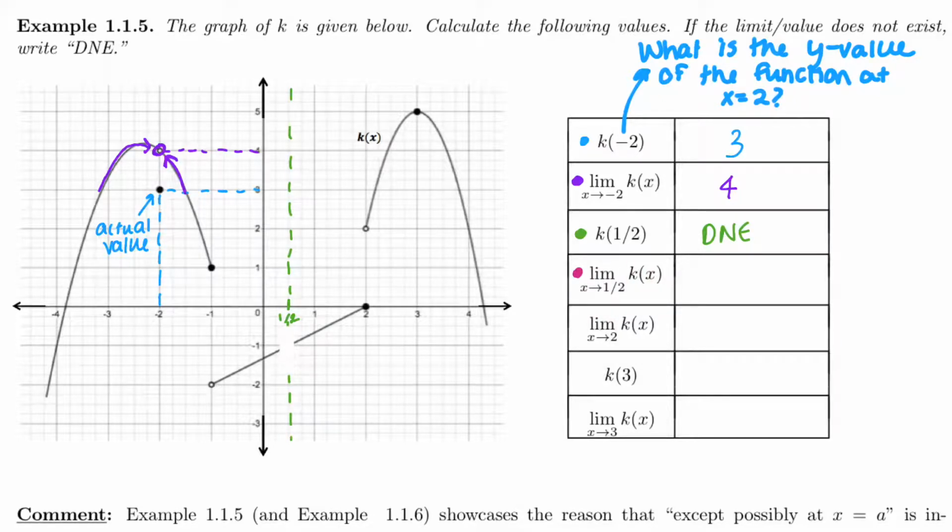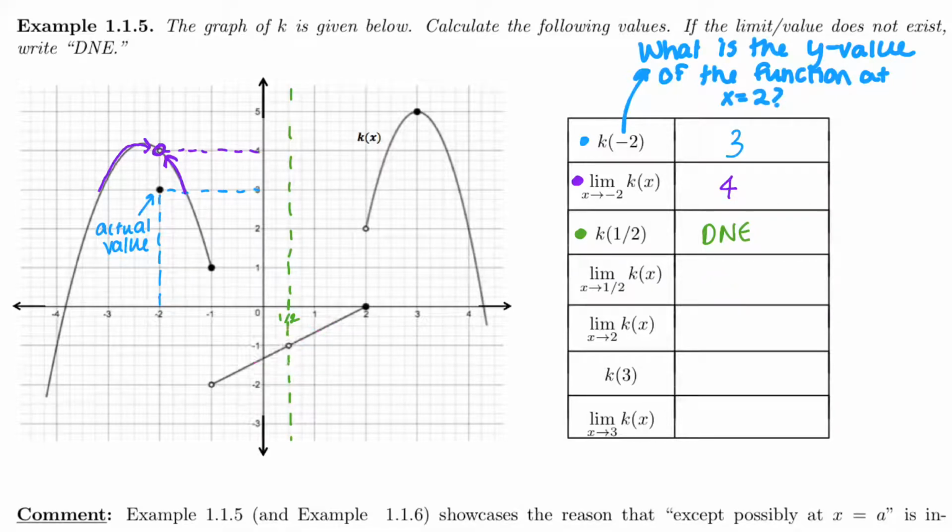Well, I put my finger on the graph and I trace towards 1/2. So 1/2's right here. It looks like it should be at -1. And then same thing coming from the other direction, I trace along the graph and it looks like the y value should be -1. So from either direction, even though I had it empty there, it looks like the y value should be -1, which makes this limit -1.